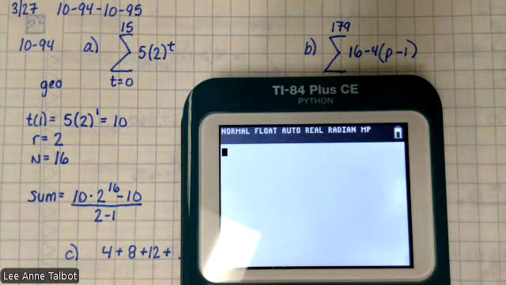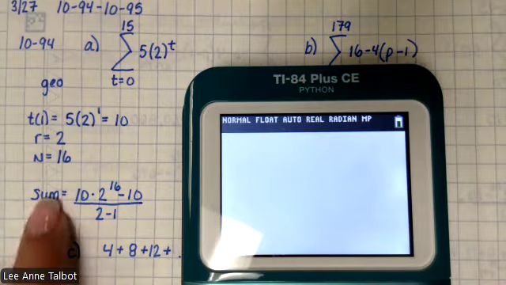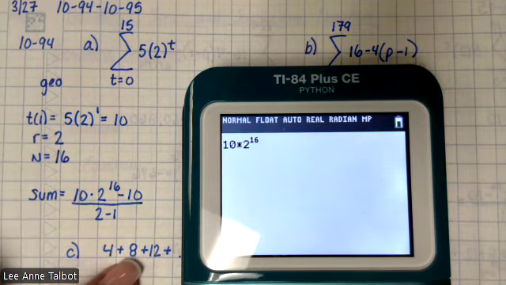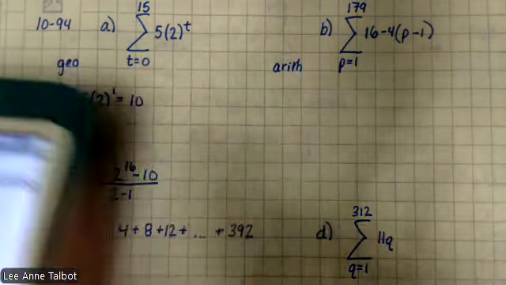Now, on this one, I remember telling you guys that if you're going to type this in one fell swoop, you need to put parentheses. However, I don't need to worry about this one. The bottom's 1, so I really only need to figure out the top, which is 655,350.